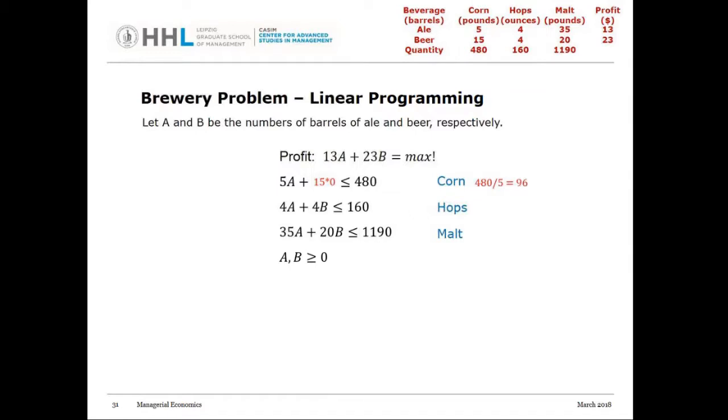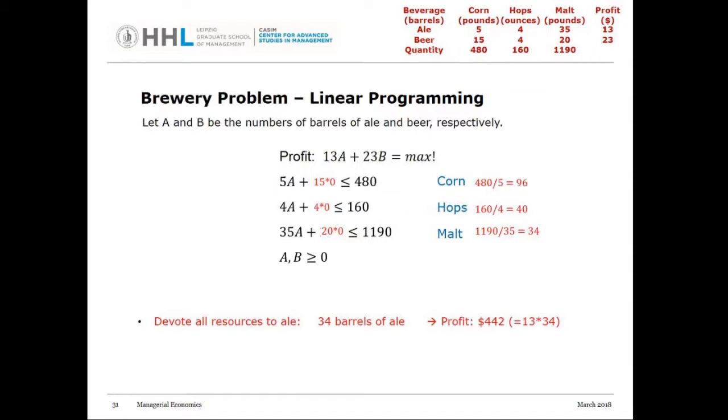We can produce 480 over 5, so 96 barrels of ale if we look at corn. For hops, it will be 40 barrels. If we look only at malt, it's 34. So if we take all 3 constraints into account, we have at maximum 34 barrels of ale.